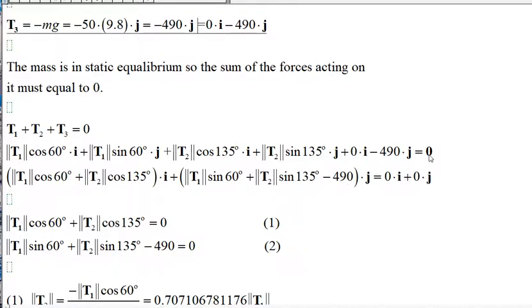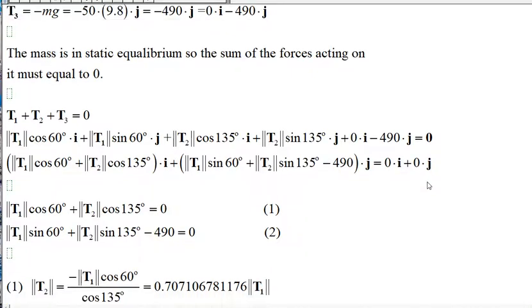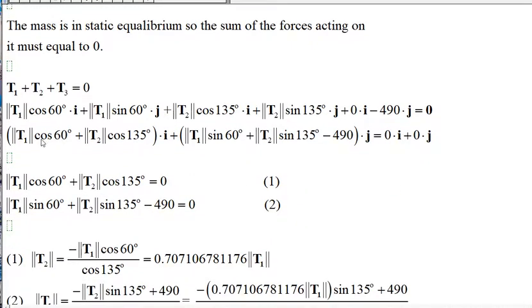And then the zero vector, we can write it as the scalar 0 times i plus the scalar 0 times j. And therefore this part right here is equal to the scalar 0, and this expression right here is equal to the scalar 0. So let's call this equation 1 and call this equation 2.